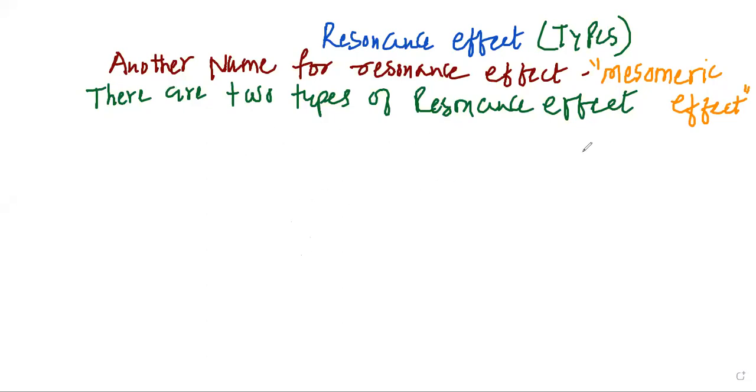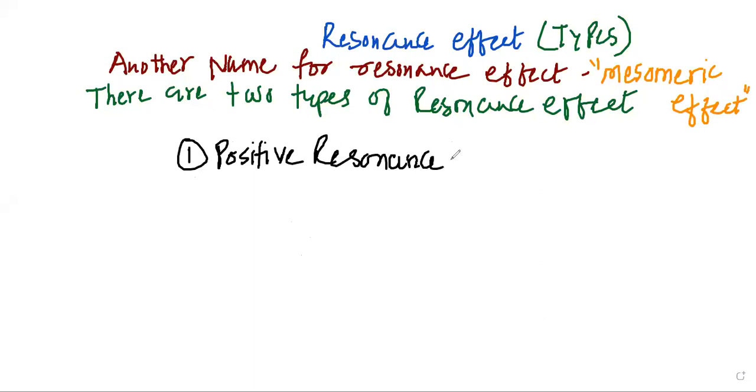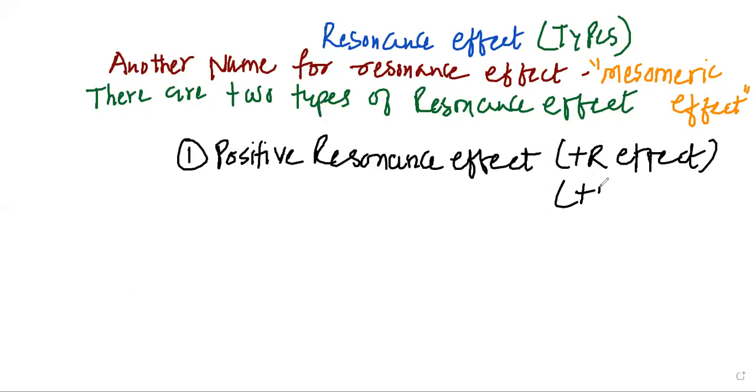Let us see, there are two types of resonance effect, my dear students. The first one is called positive resonance effect, which is also represented as plus R effect, or we can even call it plus M effect, which is positive mesomeric effect.